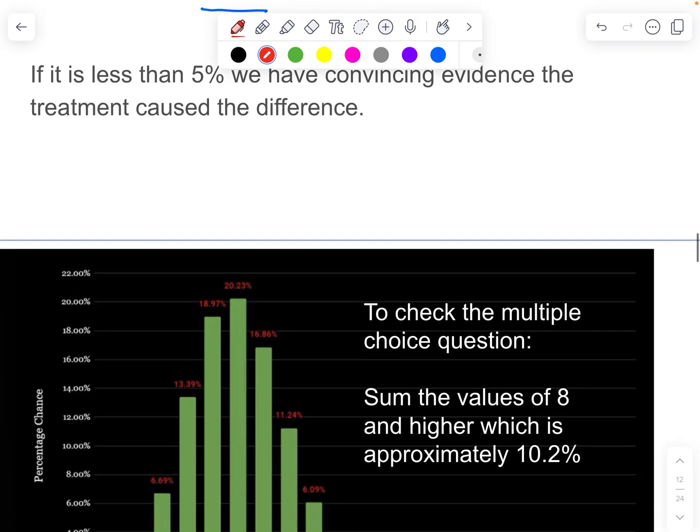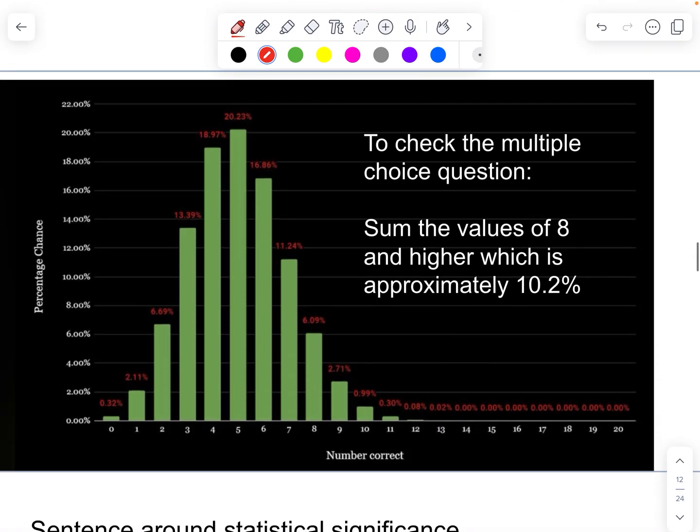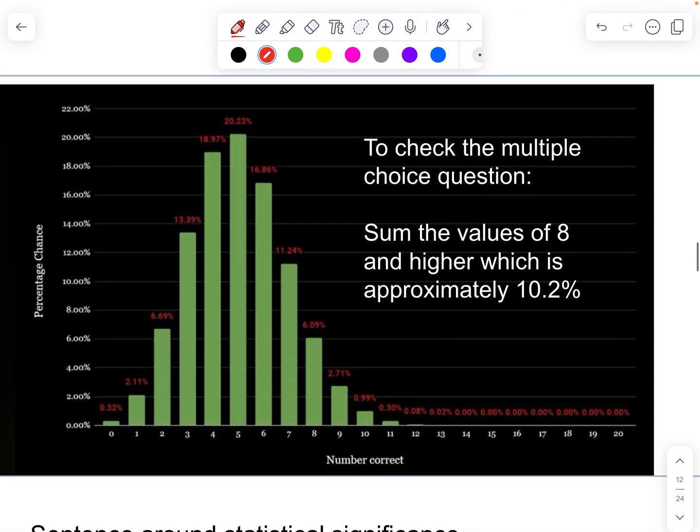So going back to the question earlier, we asked, okay, what if a student got an 8? Would we assume this was by pure chance? So I would take the value where 8 is, and I would sum all the subsequent values up to it. When I do so, I would get a value of 10.2.